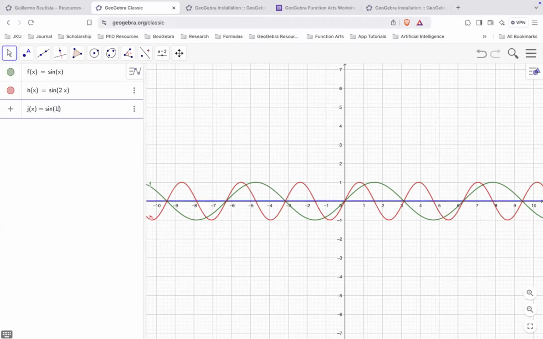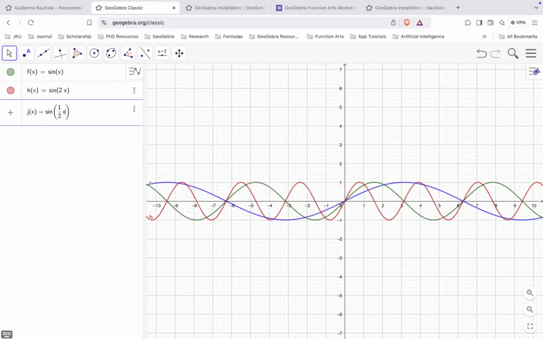What about sine of 1/2 x? So it stretches horizontally, sorry. Okay. So earlier we have a horizontal shrink, but this time we have a horizontal stretch. And again, as you can see, it's a bit counterintuitive because if you multiply by 2, it becomes shorter, the frequency.